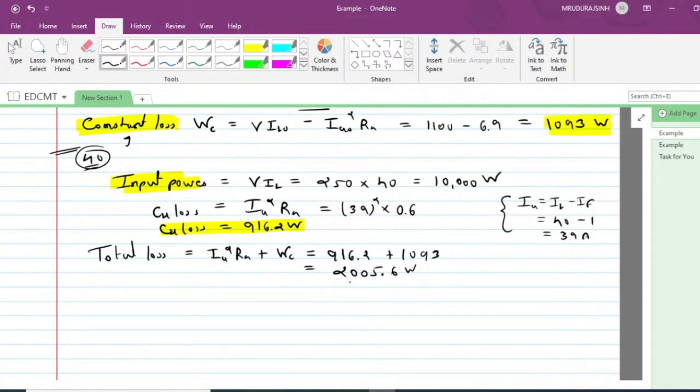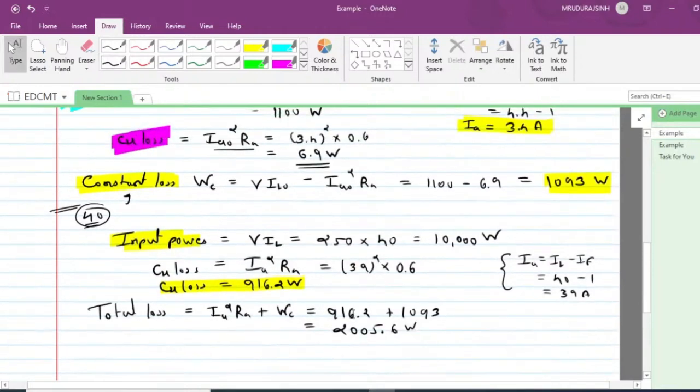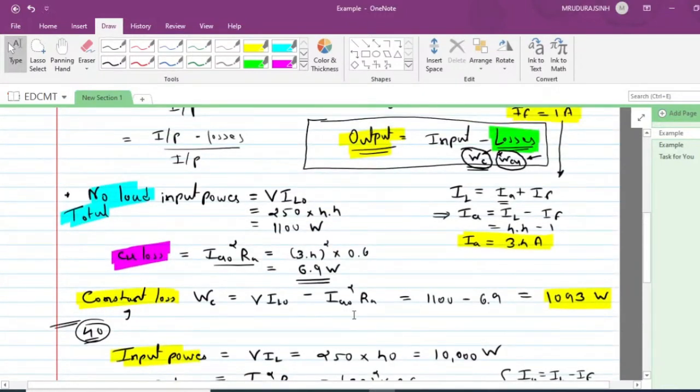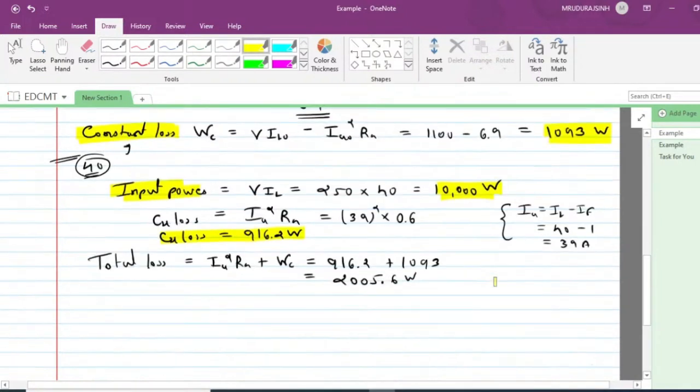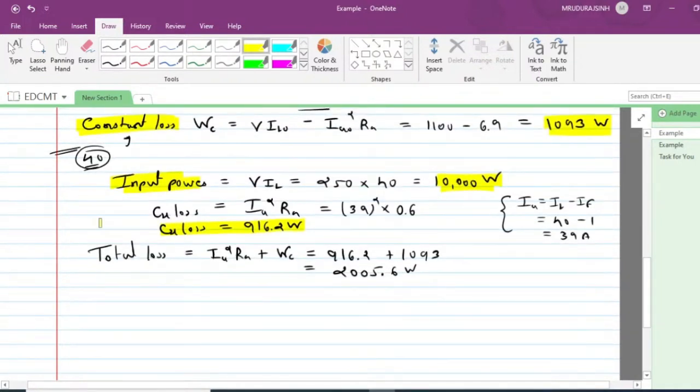So the total losses we have got as 2005.6 watt, and now finally we are going to calculate the output, because we know the total input and we know the total losses.